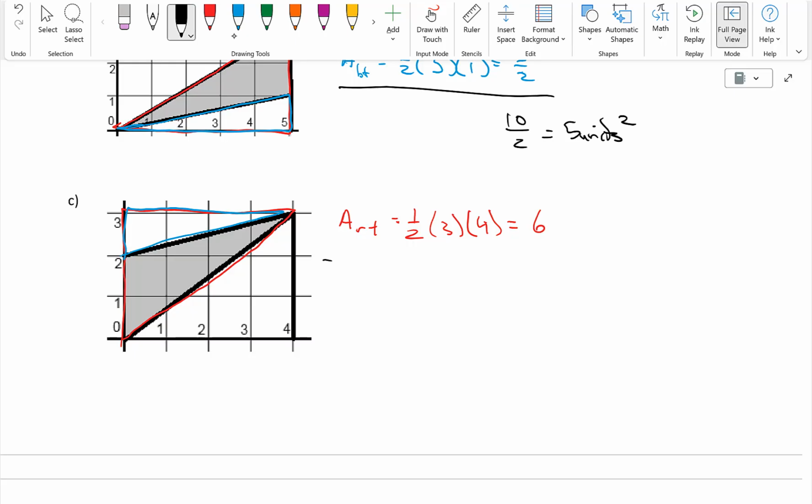And we're going to subtract off the area of the blue triangle, which was 1/2 times base of 1, height of 4, which gives me 2. And 6 minus 2 there will give me an area of 4 units squared.